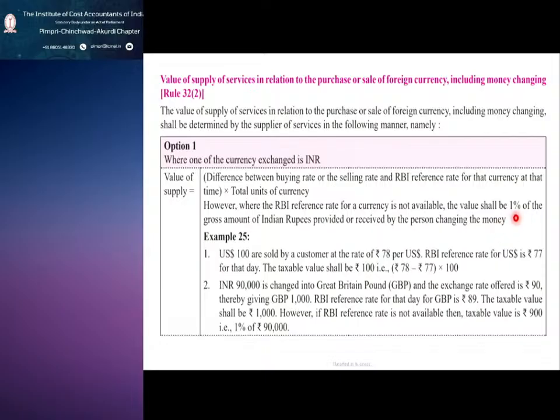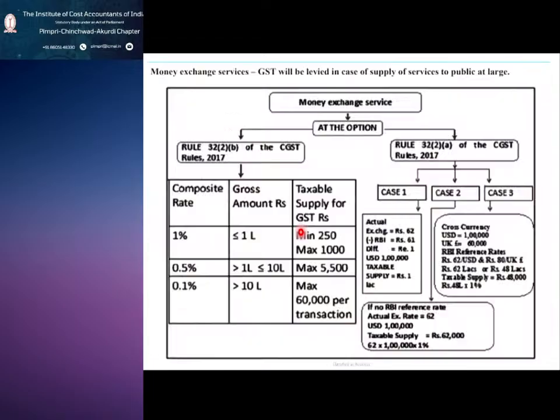So what is the taxable supply? 1% of the gross amount of Indian rupees. In this table, we are finding how much? 62 into 1 lakh, so you will get 62 lakhs. On 62 lakhs, calculate 1%, which is 62,000. This is the taxable value of supply if the RBI reference rate is not there.